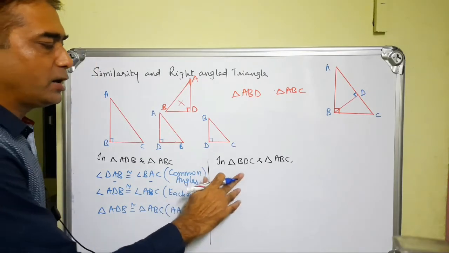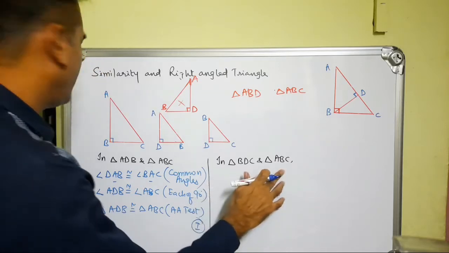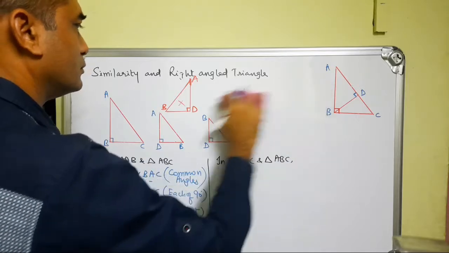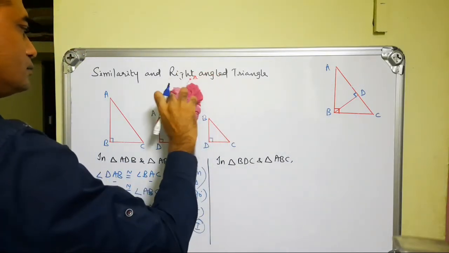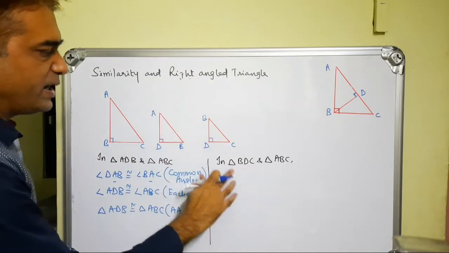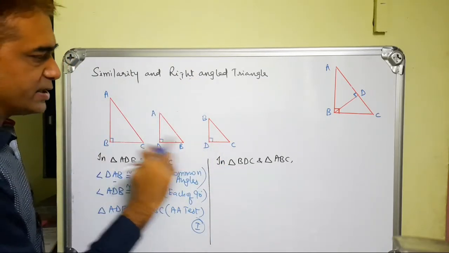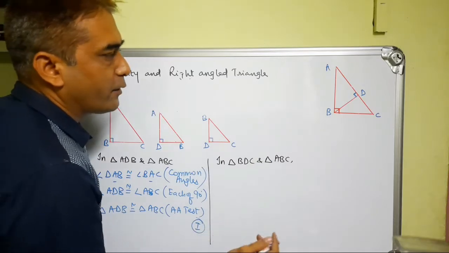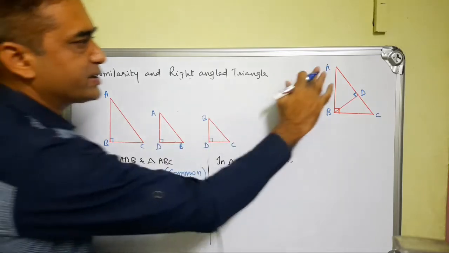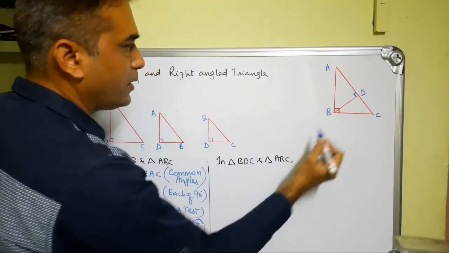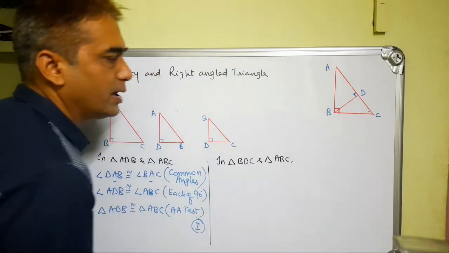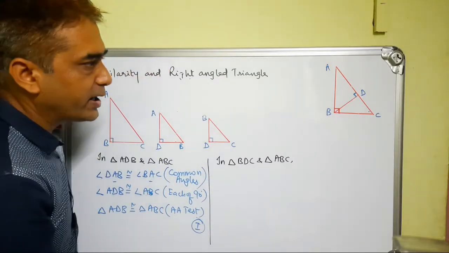Now we have to prove that triangle BDC is similar to triangle ABC. Now here, which are the two common angles? Triangle ABC and triangle BDC. C is the common angle. And which are the two right angles?